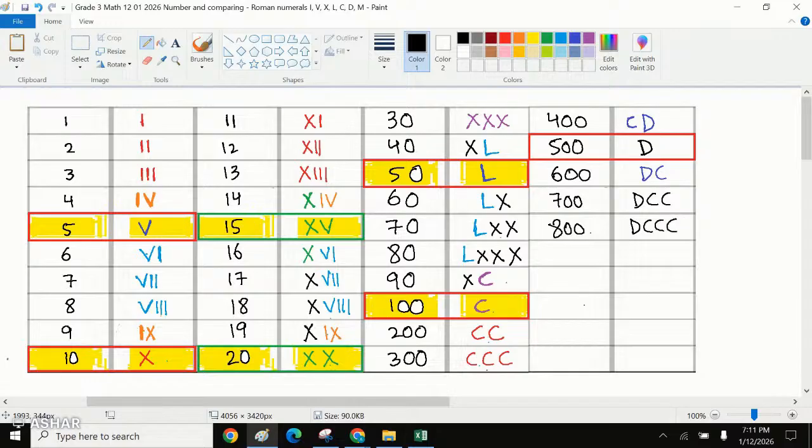Now what will change for us is 1000, right? So we can easily write 1000. We can try to remember what 1000 is. A 1000 is an M. A 1000 is denoted by M. So what is 900?